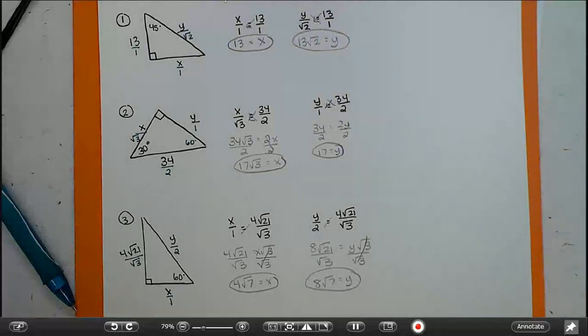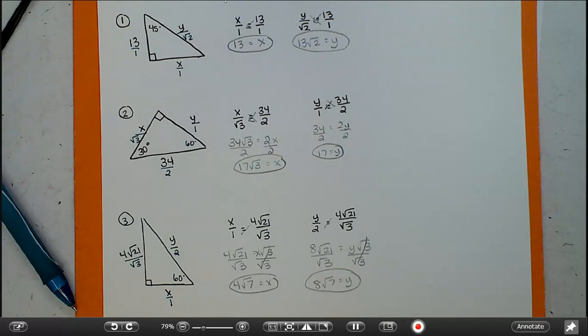Let's do one slightly more complicated one, and one where we have to rationalize the denominator. So let's do the rationalize the denominator one first.